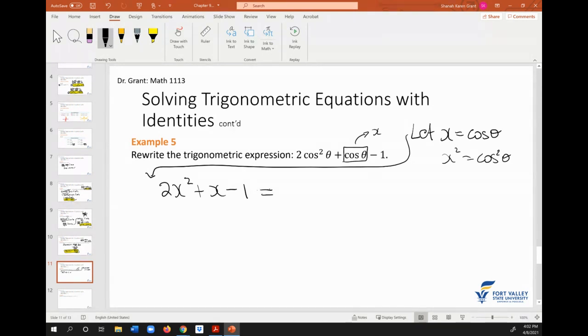We can factor. So we need two numbers that multiply to give us a negative 2 and add to give us a positive 1. That's going to be positive 2 and a negative 1.